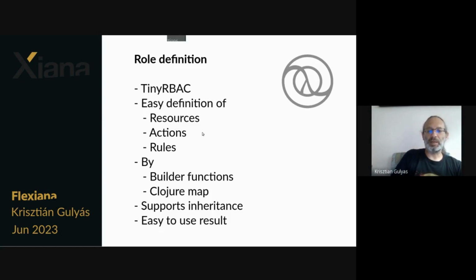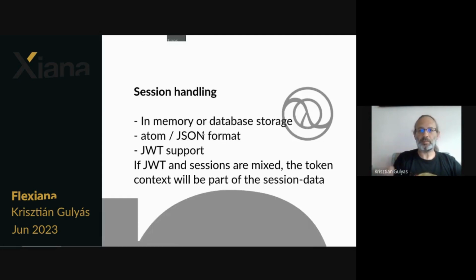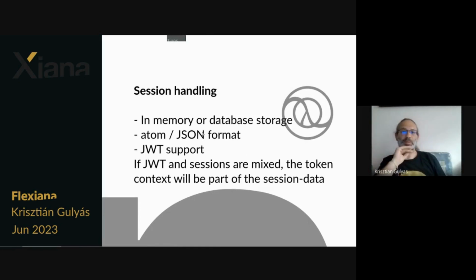You can use builder functions instead of the Clojure map. It supports inheritance, and as a permission check, it returns an easy to use result because it's a set of restrictions, so you can easily match it by calling the set itself. That's all for this part.